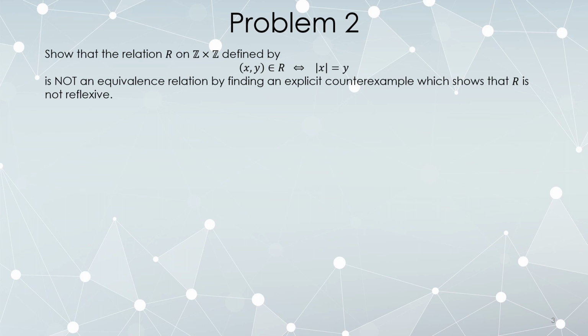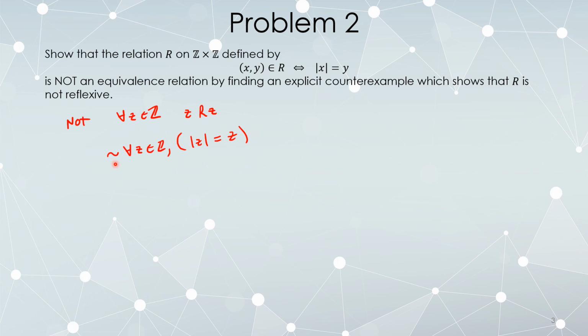This relation is not an equivalence relation, and we're given a fairly big hint that it is not reflexive. So it does not satisfy that for every integer, that integer is related to itself. In other words, it is not the case that for every integer, the absolute value of the first number, okay, here I have the first entry, which has an absolute value, should be equal to the second without an absolute value, and that's just z.